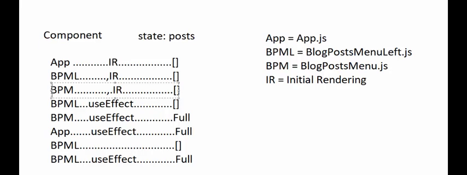And now, after initial rendering, the component did mount, finished rendering, and starts useEffect. In that useEffect, BPML tries to create an ordered list descending from post, but post is empty because it must come from the useEffect of App.